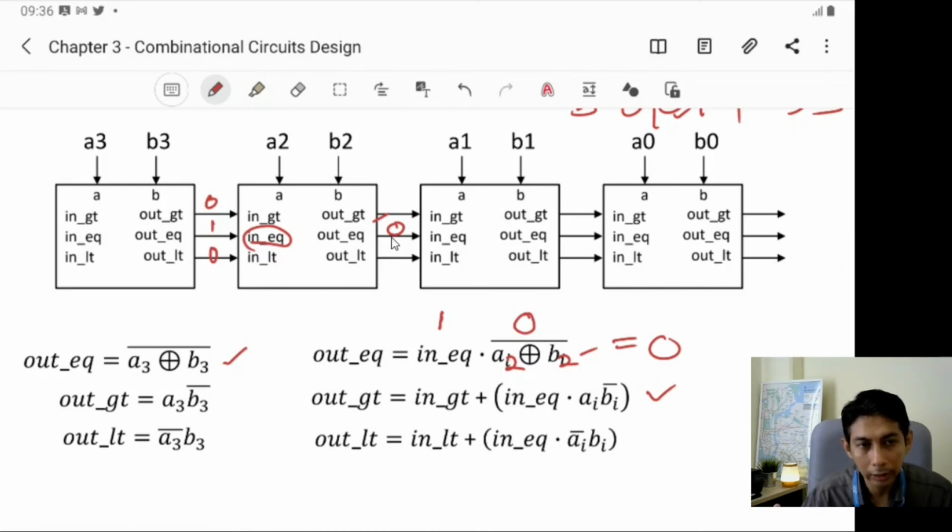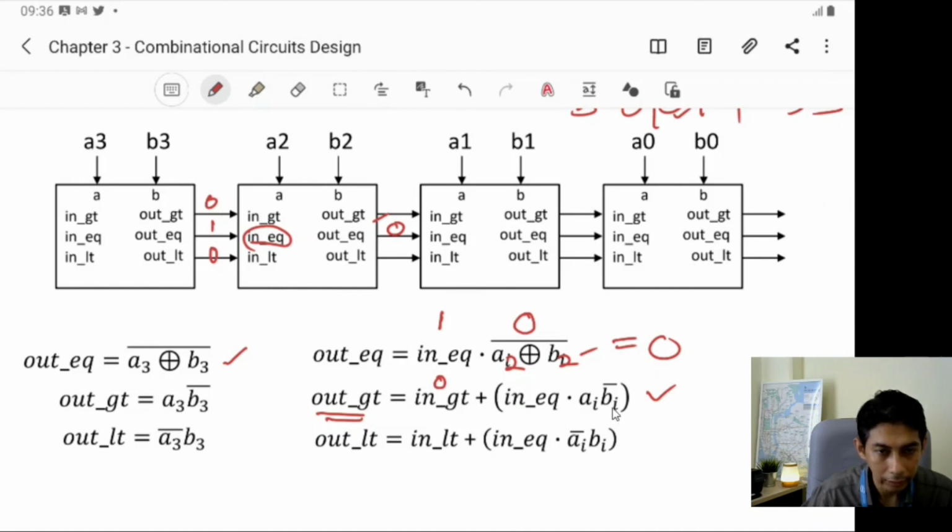If not equal, there can be two possibilities: whether A is greater than B or A is less than B. So we need to check which one is 1 now. To check for greater or not, we need to use this equation. In greater, in our case, is equal to 0, right?